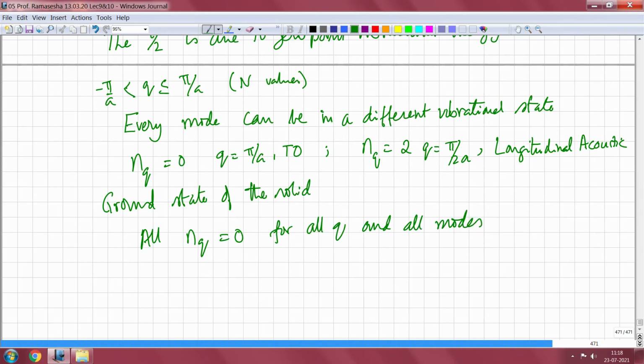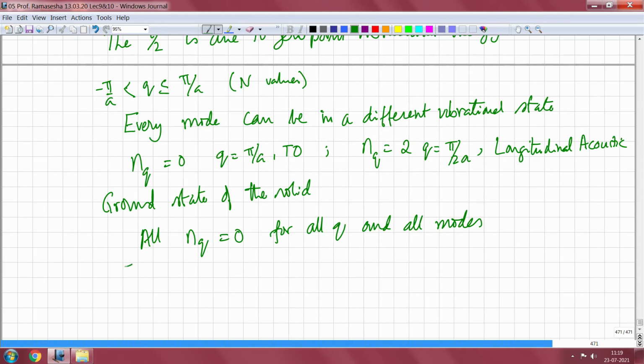Now because of temperature or because of radiation or whatever else, you can probably excite from this ground state. So for example, you can excite such that like I said, n of q can be 0 for transverse optic and n of q can be 2 for longitudinal acoustic and so forth.